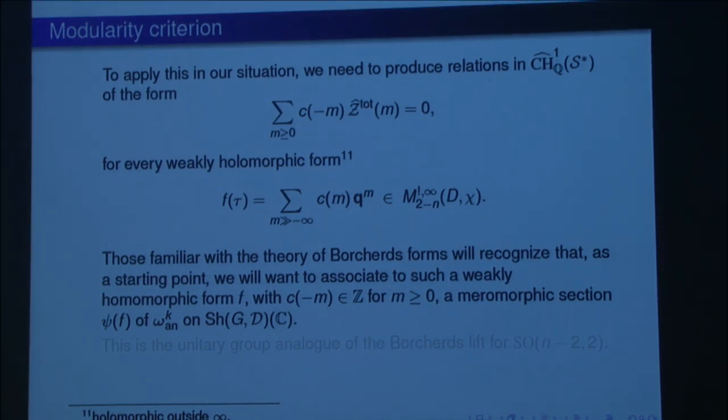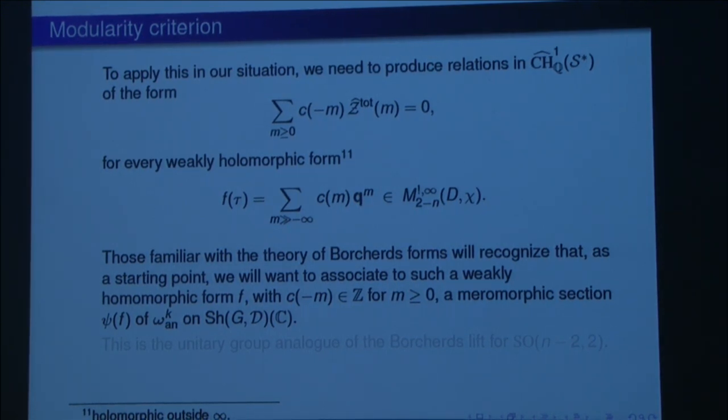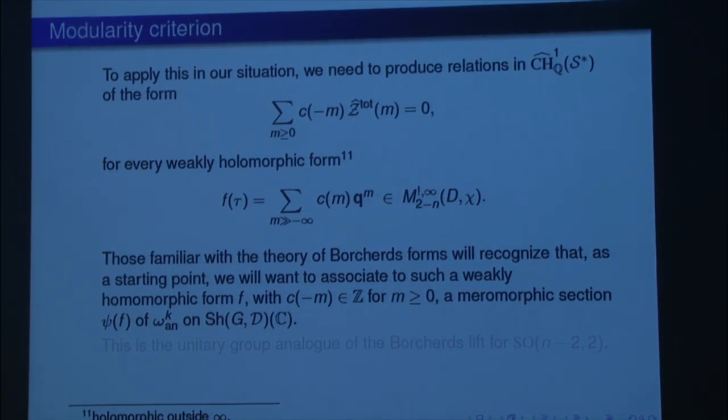Borcherds had already constructed, in the orthogonal case, meromorphic sections of certain line bundles on the Shimura variety attached to these things. Those meromorphic sections, in some sense, are giving you relations in a Chow group. And so that's the way in which this goes. In other words, to this kind of input, we're supposed to try to create a relation in the Chow group of this nature. Okay.